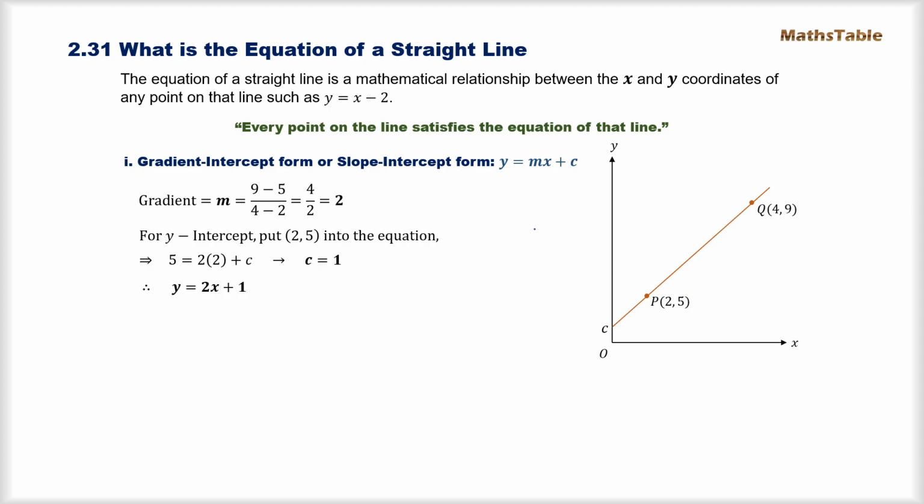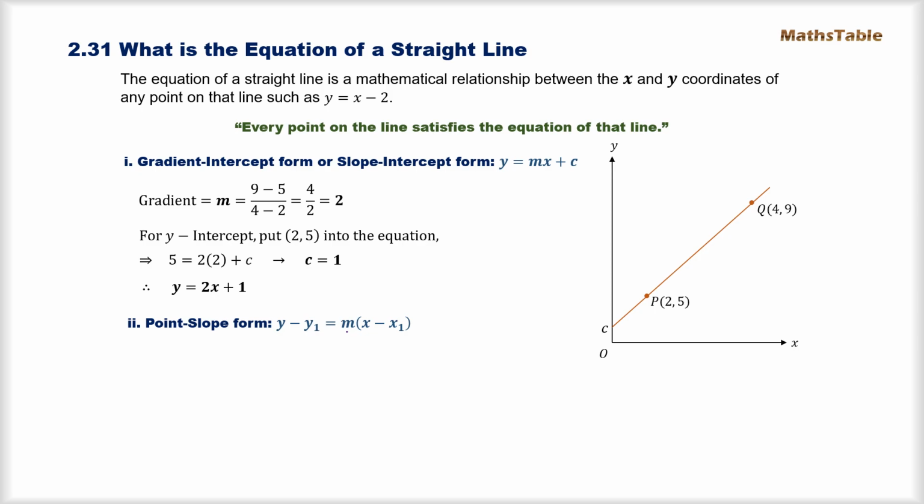However, we also have another way to find out the equation, which is using the point slope form of the equation. In the point slope form, we have to put one point of any of the points on this line, just like we did before, and we need to find the gradient.